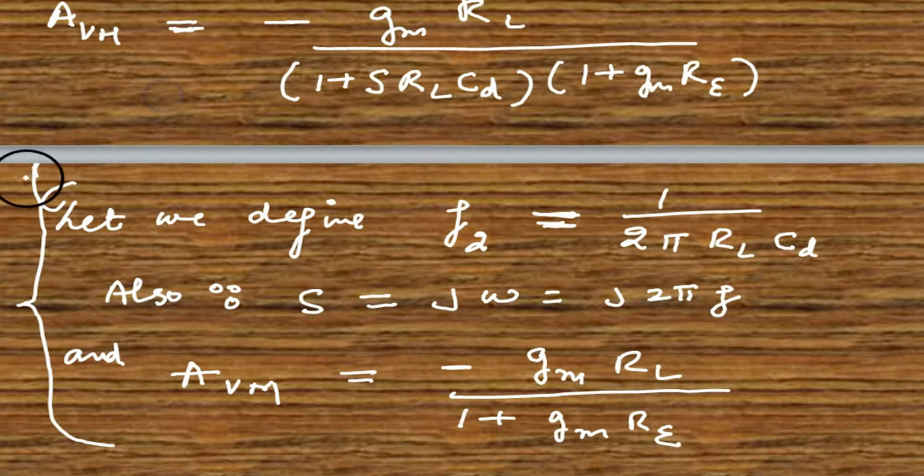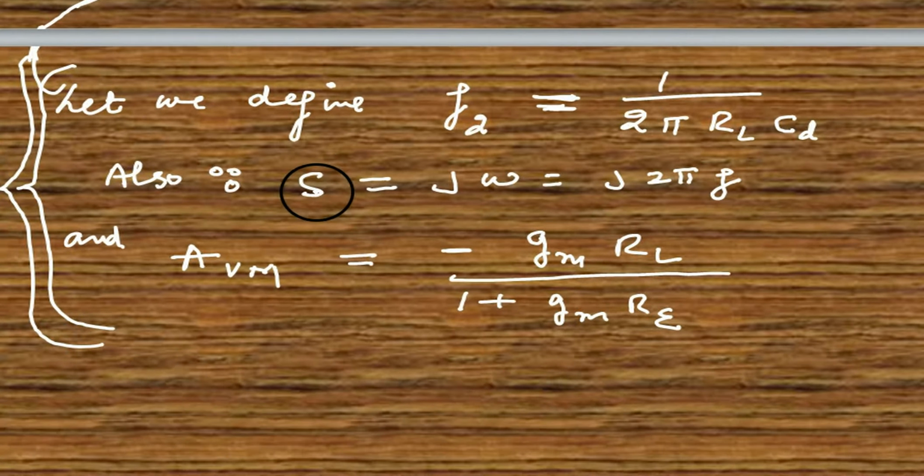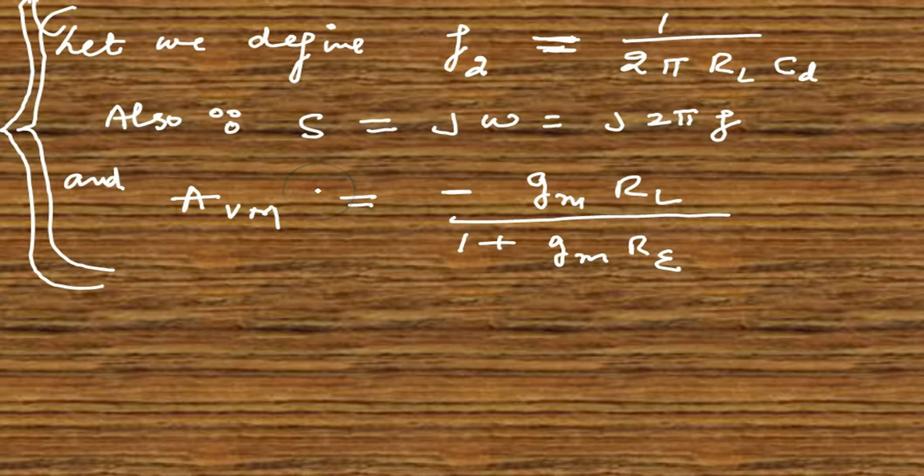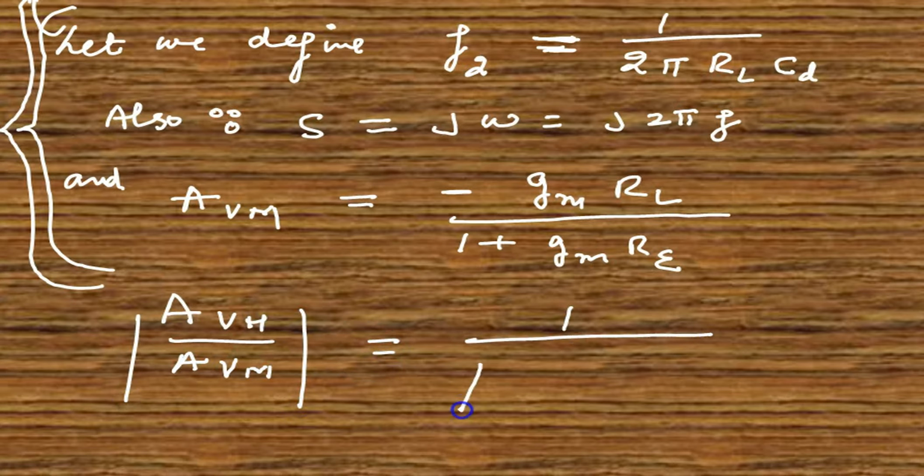It is minus gm into RL upon 1 plus gm into Re. All this is incorporated in the above expression.